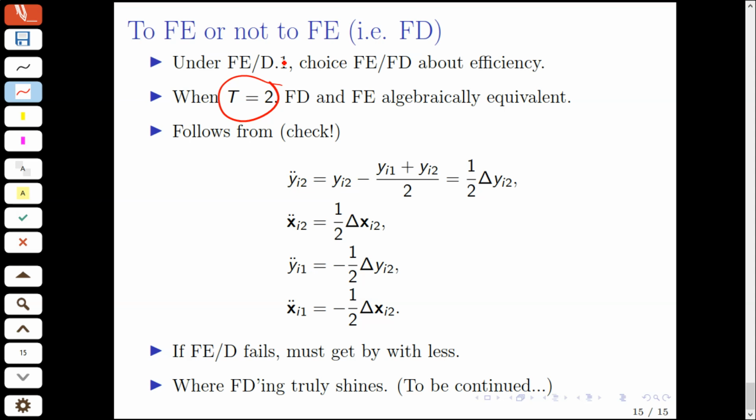However, one may show that the idea of first differencing is slightly more robust and is somewhat salvageable, at least under some assumptions. That is, we can get by with less. And this is really where first differencing truly shines. But more on that in a later lecture.